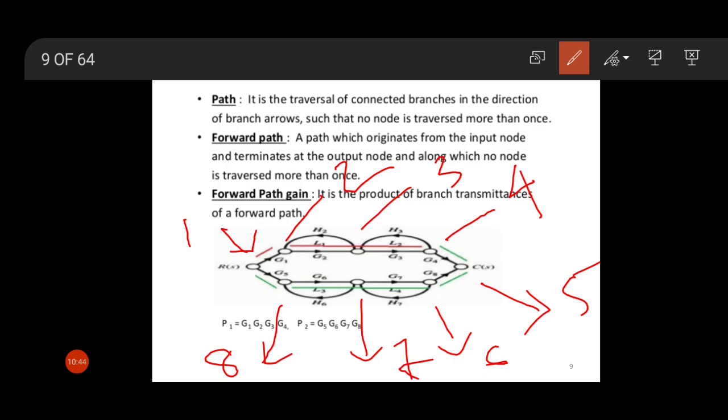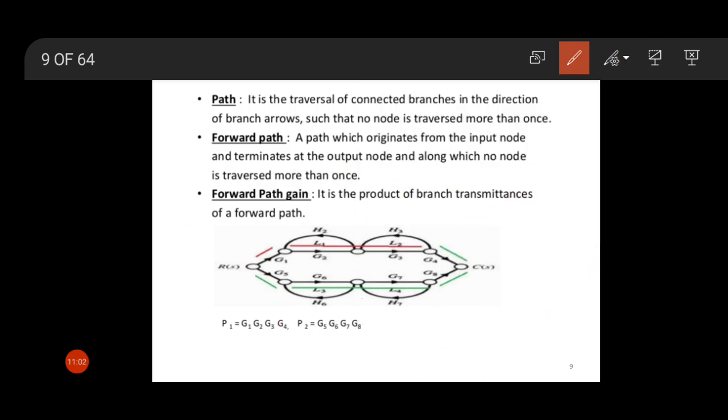And 4 to 5 is connected by this branch, and the transmittance of the branch is G4. So what is the forward path gain if we consider the upper forward path? The forward path gain is G1 into G2 into G3 into G4. This is only the product of the branch transmittances.